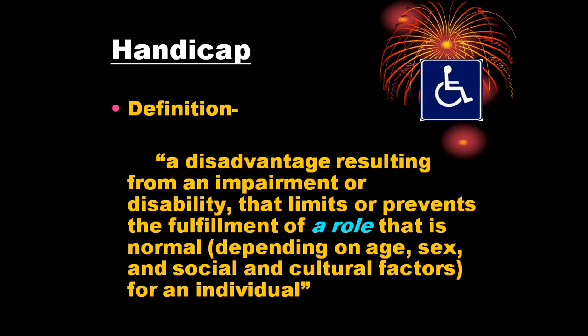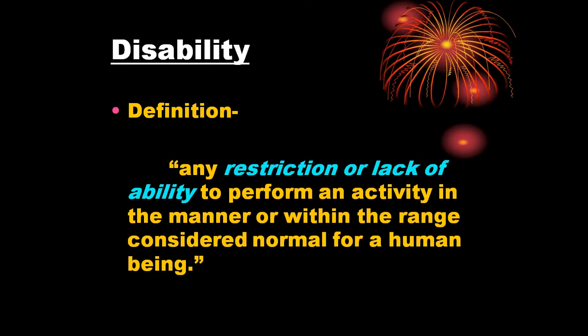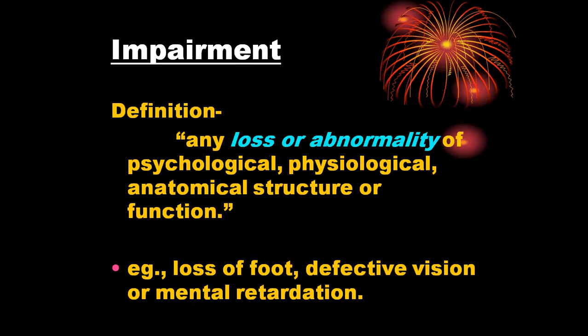See, I have marked those important things in blue. Handicap doesn't allow you to perform a role. Disability doesn't allow you to perform an activity. It's a restriction or lack of ability to perform an activity. Whereas impairment is a loss or abnormality of a structure of the mind, of your mental or physical structure.